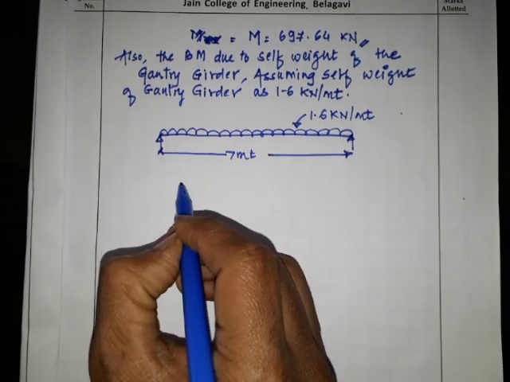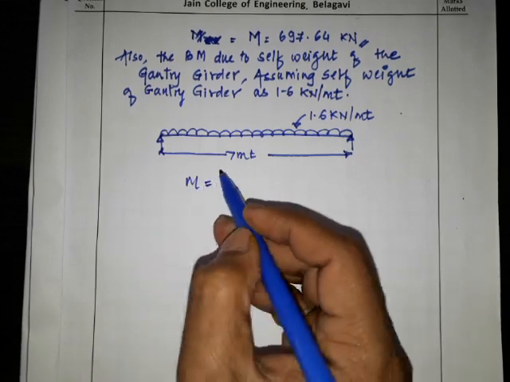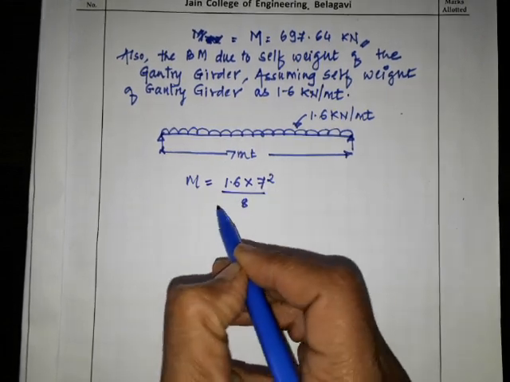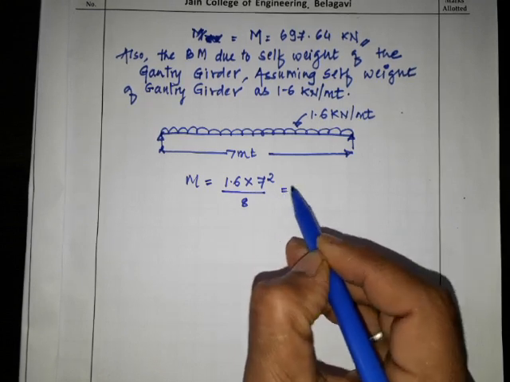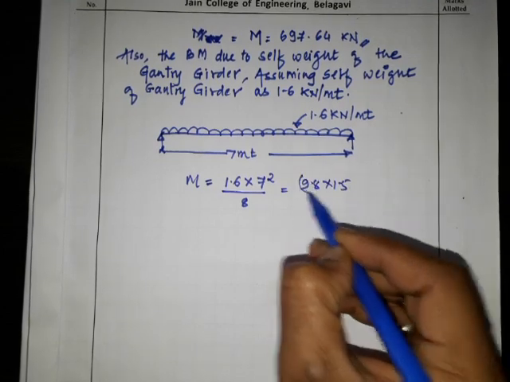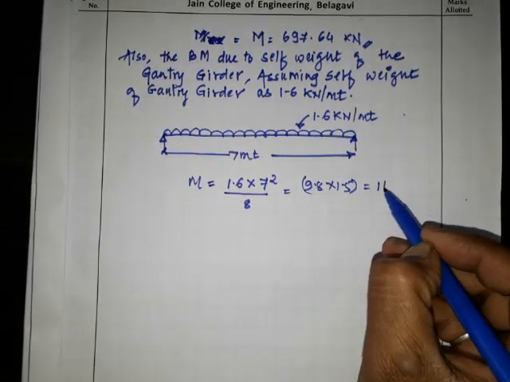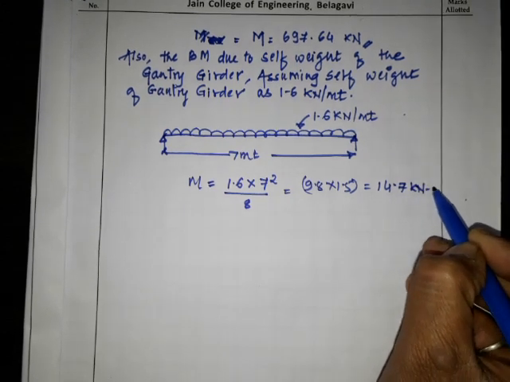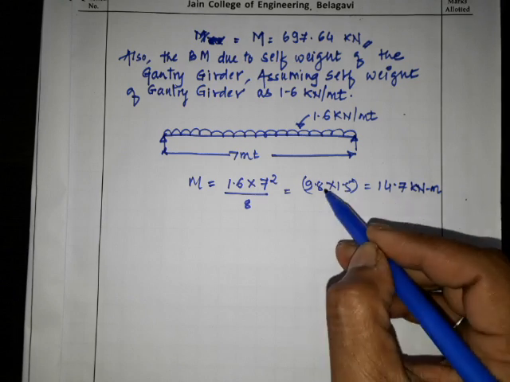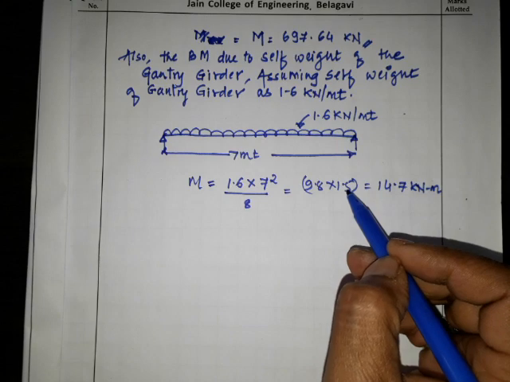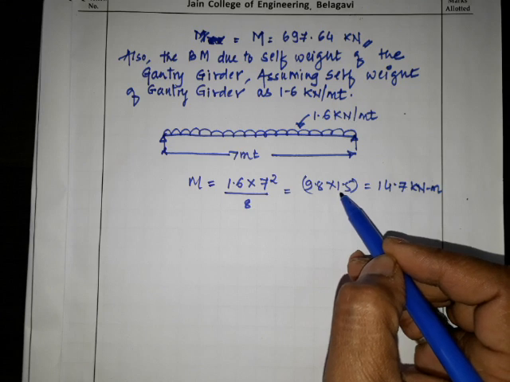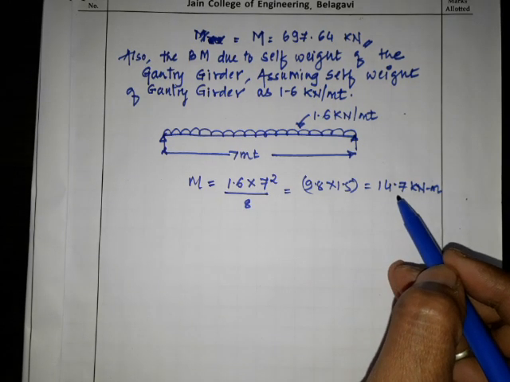So the M will be WL square by 8, so 1.6 into 7 square divided by 8, which is 9.8. Multiplying the factor of safety 1.5, we get 14.7 kilonewton meter. So this is the moment due to the self weight of the gantry girder.